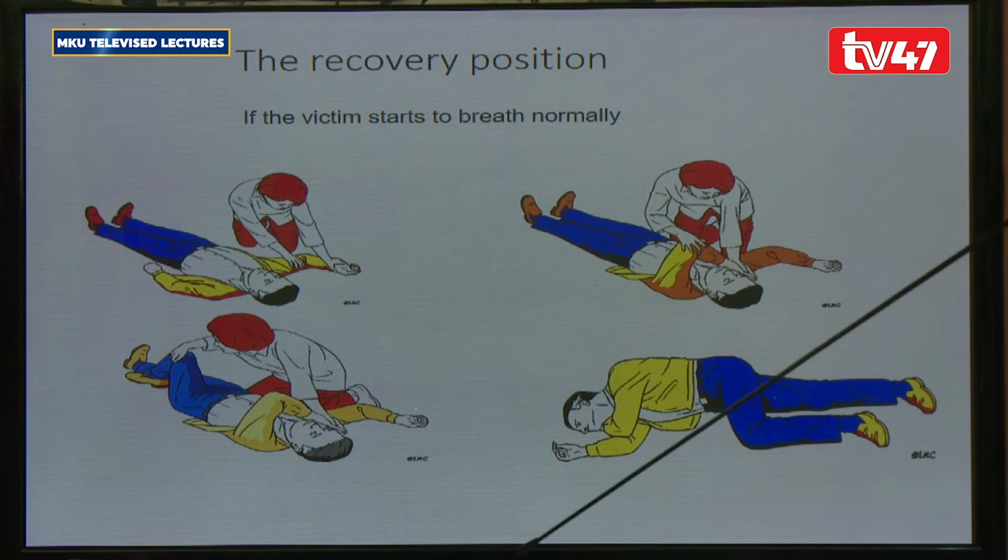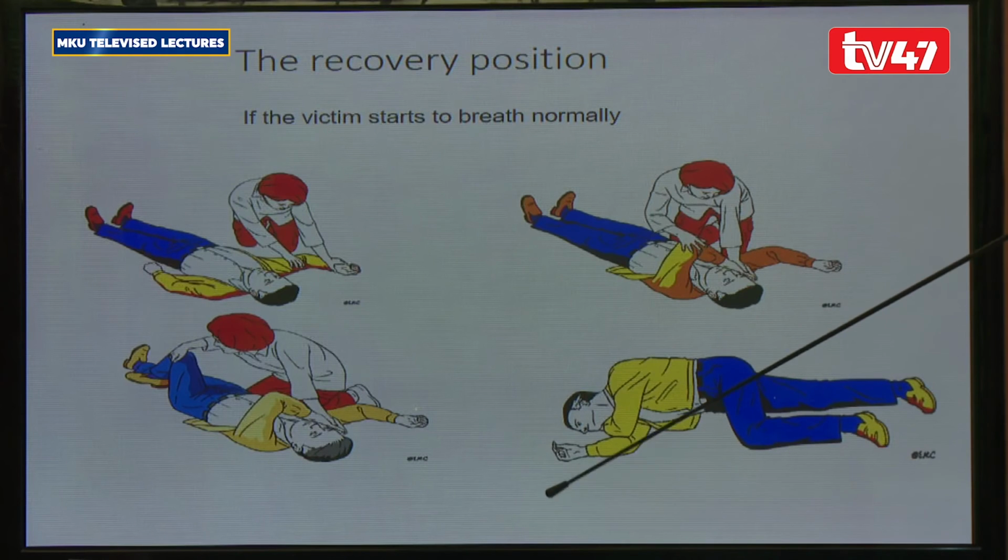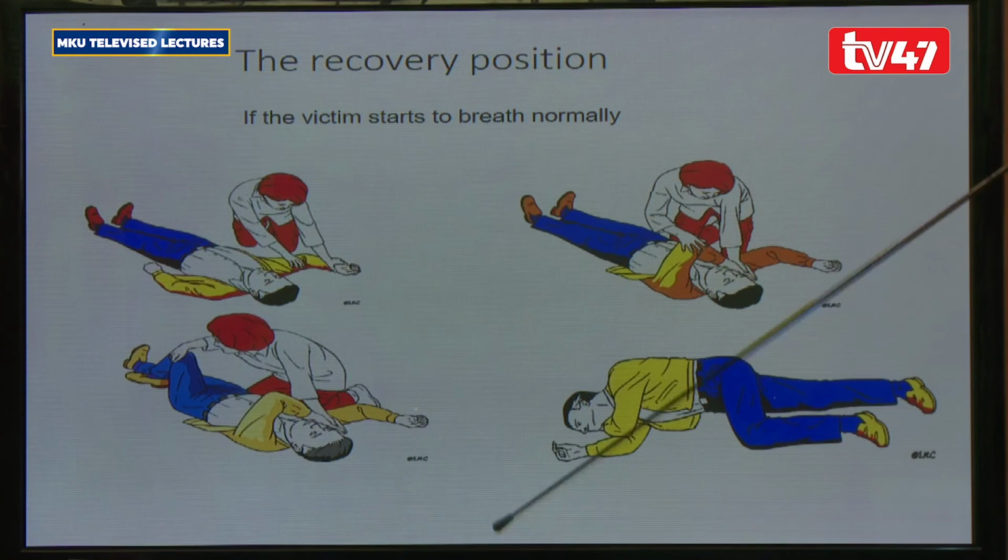Then take the left leg, fold it, flex it a little bit, and then turn the patient to lie laterally with the right leg extended, left leg flexed.